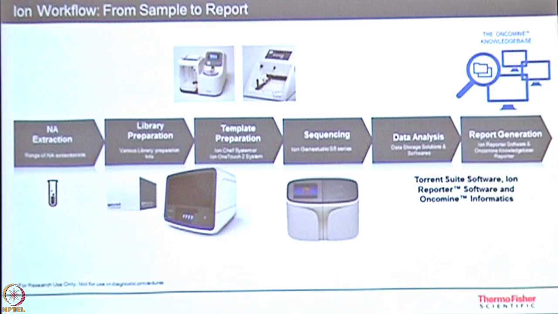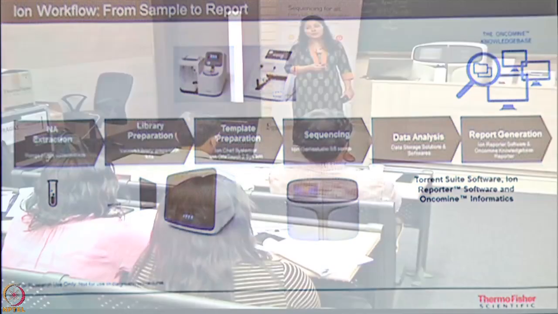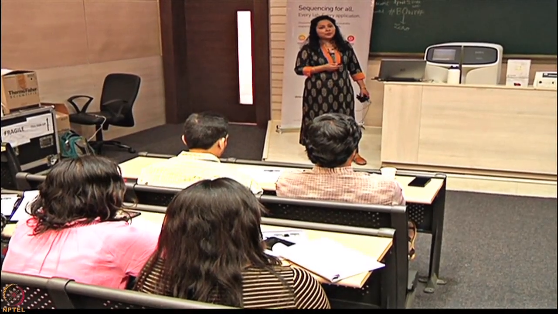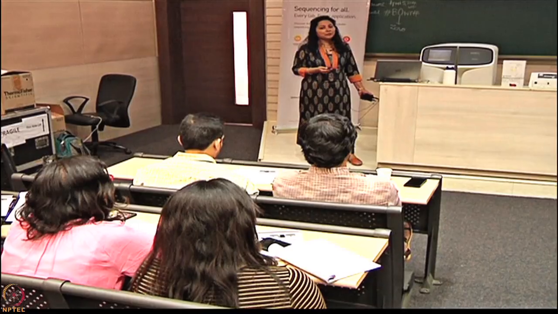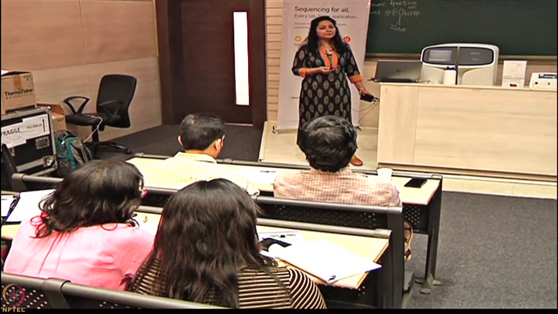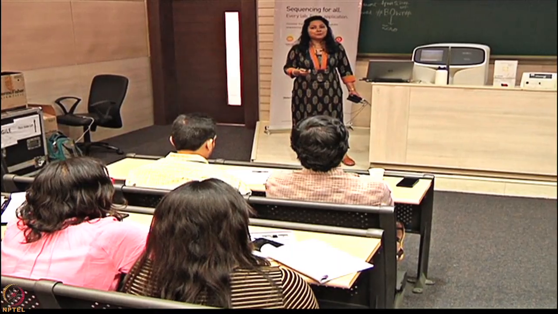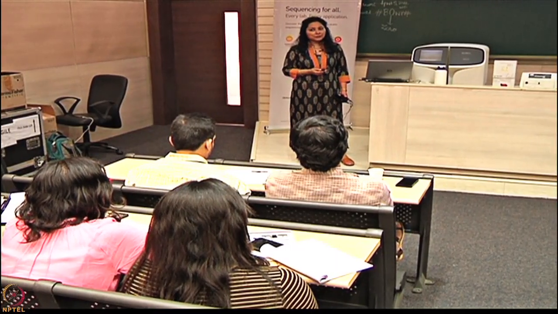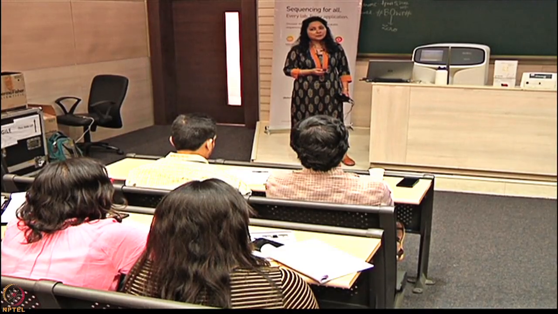So coming to the workflow now, how we are generating these millions of reads. You start with nucleic acid. Now this nucleic acid can be DNA, can be RNA. So where do you think you would be starting with DNA? What kind of experiments do you think you would be starting with DNA on NGS?